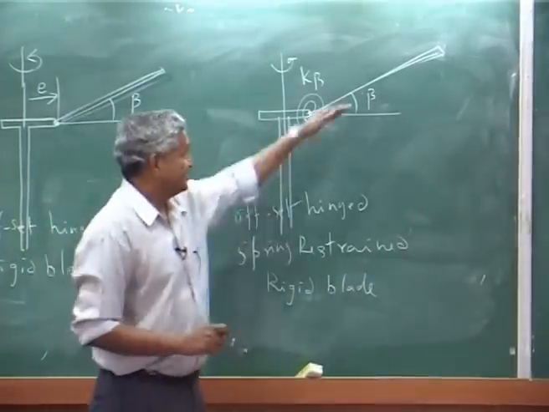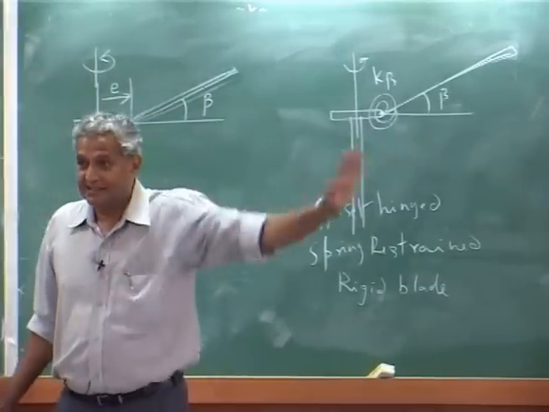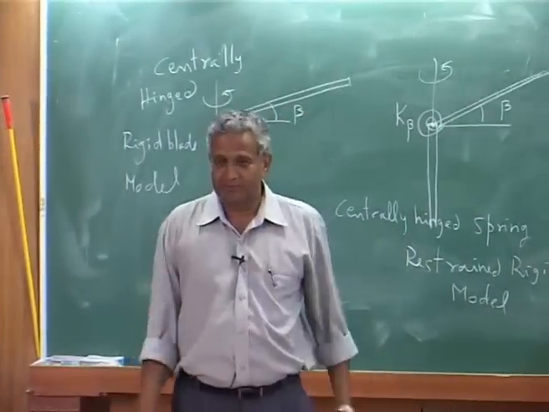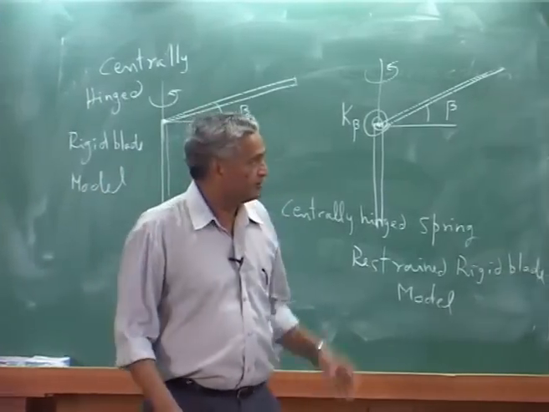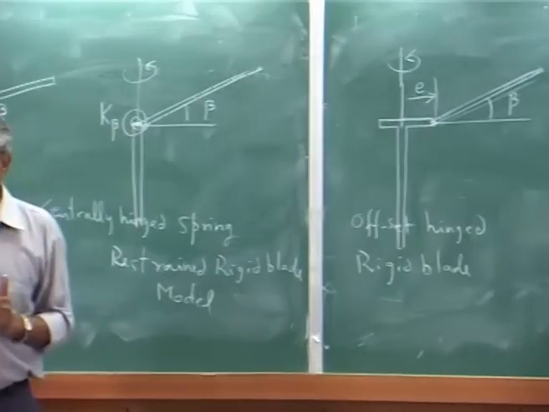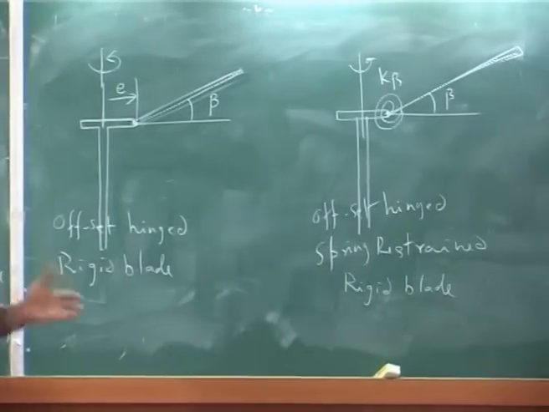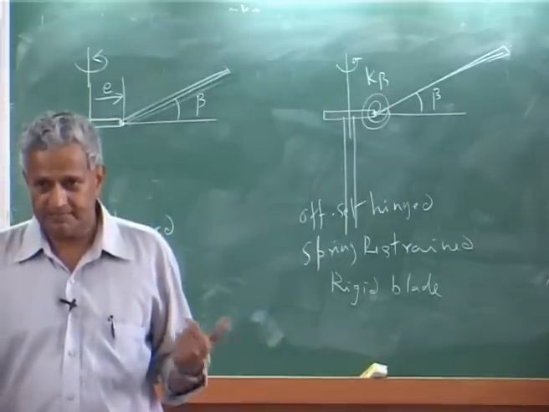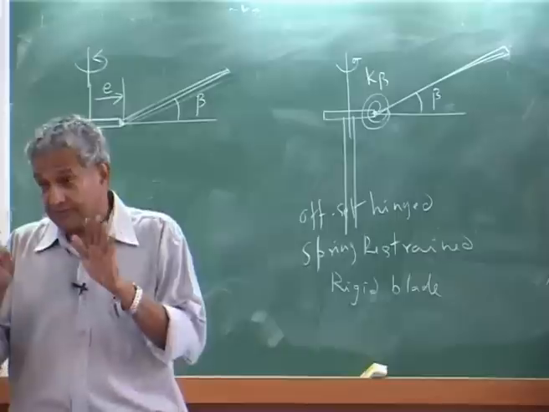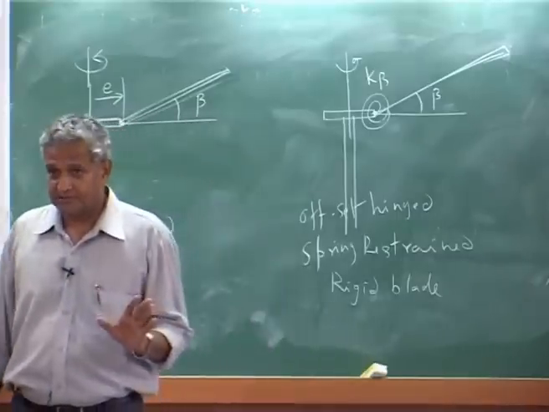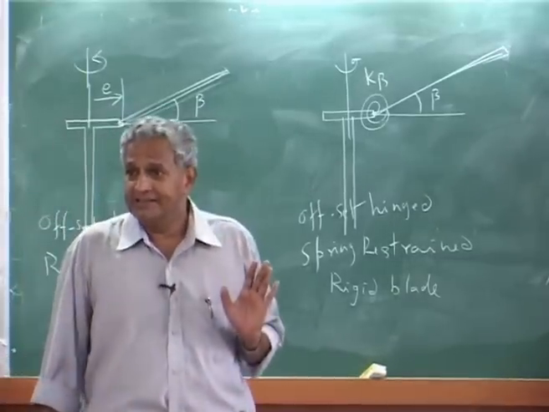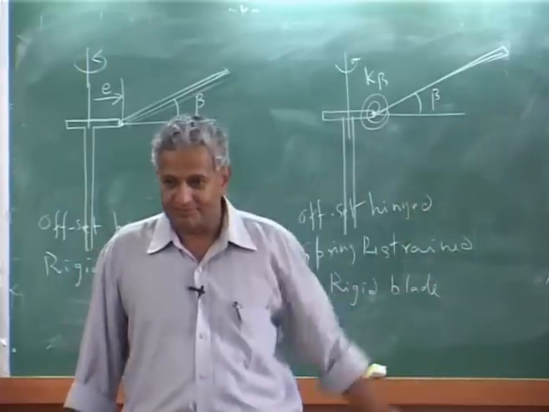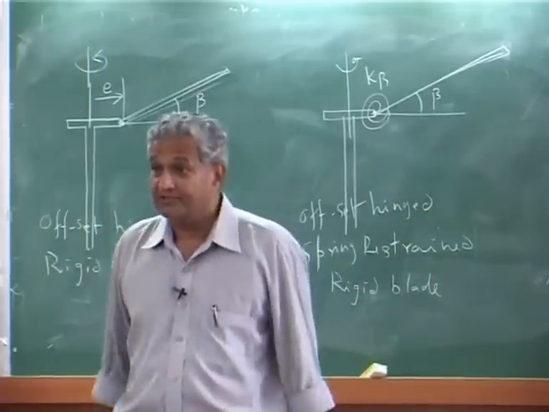Because the blade is rigid. In real life, the blade is not rigid, it is flexible. But then it is rotating. So how do we really match these models? What happens is the flexible blade usually has more number of vibratory modes. The natural frequency of a continuous system, you have infinite number of natural frequencies.